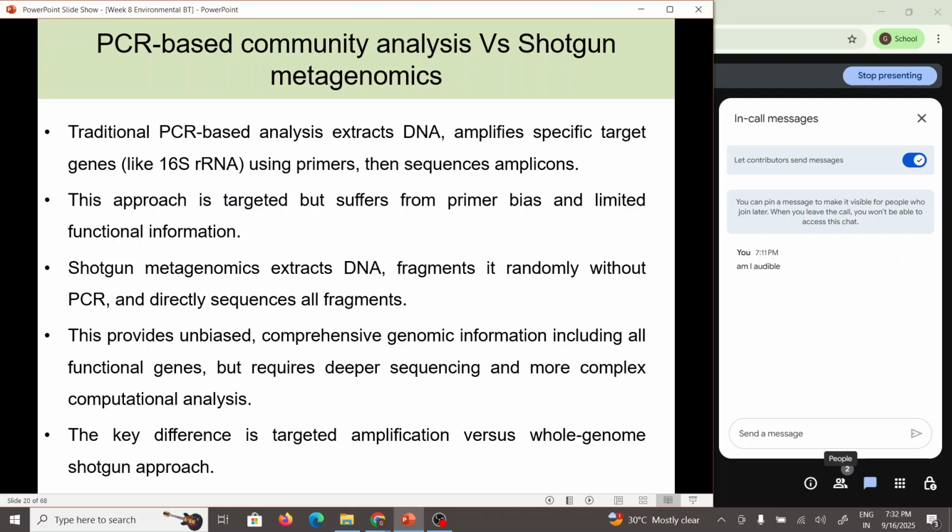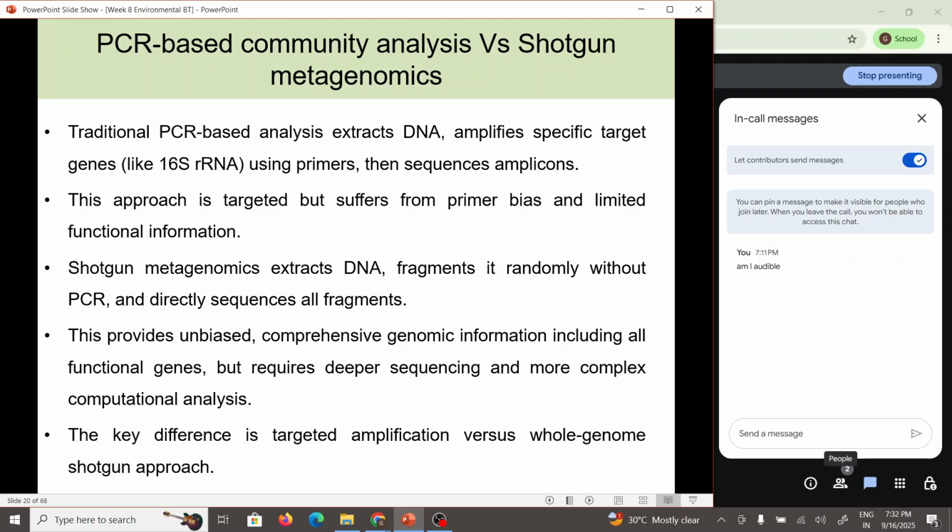In the shotgun metagenomics method, what we essentially do is extract the DNA and then randomly cut it. So we get multiple fragments of the DNA. Without going for PCR, we get multiple fragments and we try to sequence all these fragments.